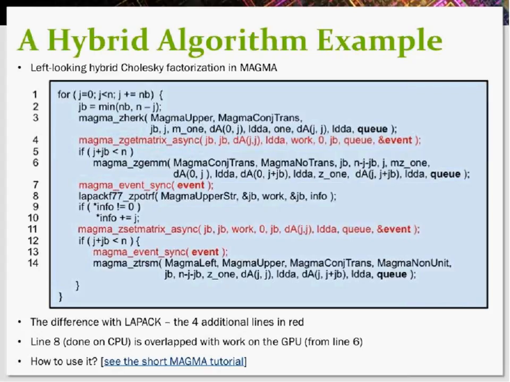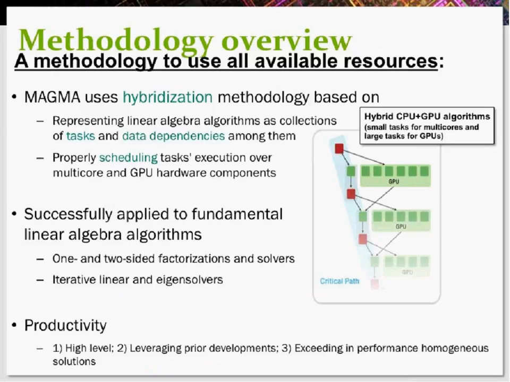In particular, at line 4, we say magma_getmatrix on a small part of the matrix from the GPU and send it to the CPU. Basically, data from the GPU. Now we have something on the critical path here, and we want to take this to the CPU and compute it there. So this is what line 4 is doing.